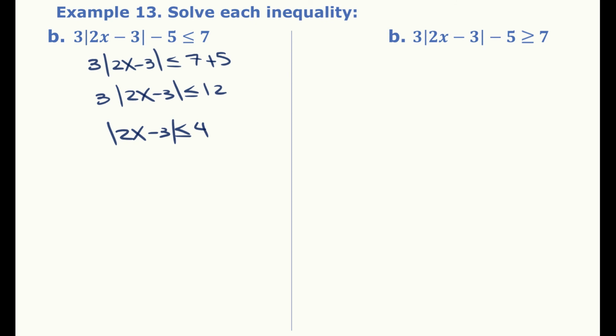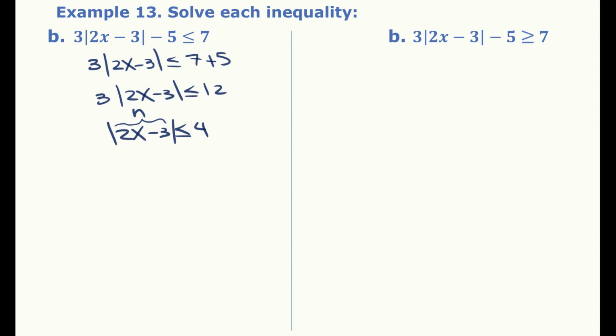we basically think of this entire expression as just some number, right? So we're looking for some number whose distance from 0 is less than or equal to 4. We know that those numbers are going to be between -4 and 4, remember?